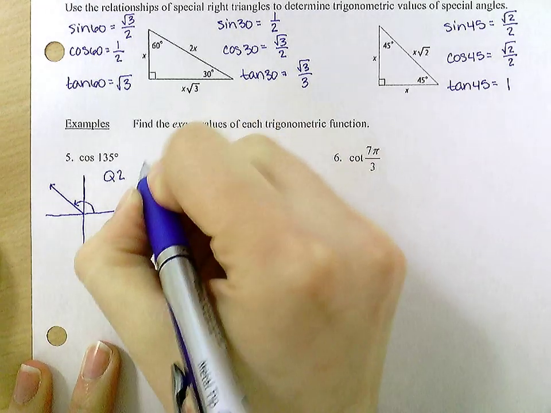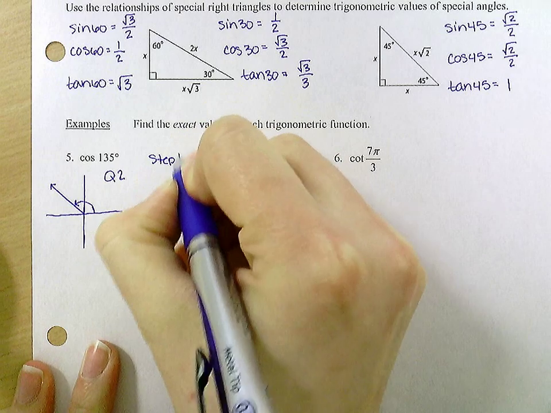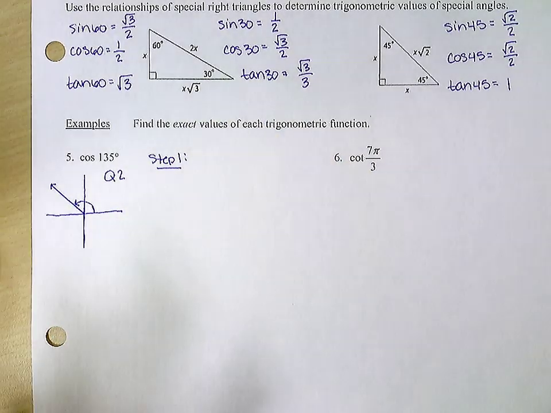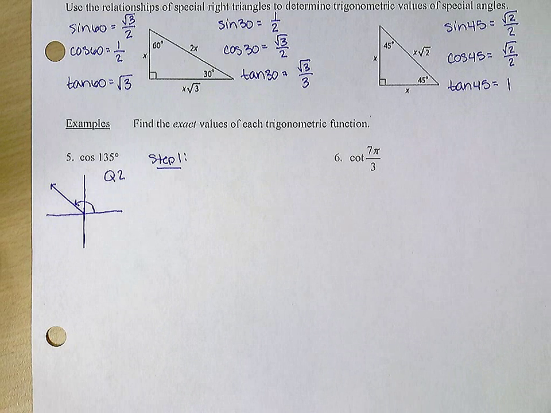So again, our step 1 to solve these problems is to find the reference angle. That's what that chart on the top of our note sheet says. Find the reference angle. That's what we did yesterday in class.